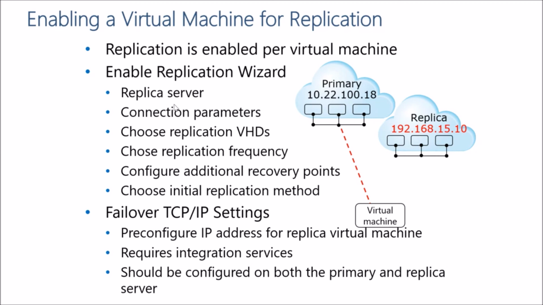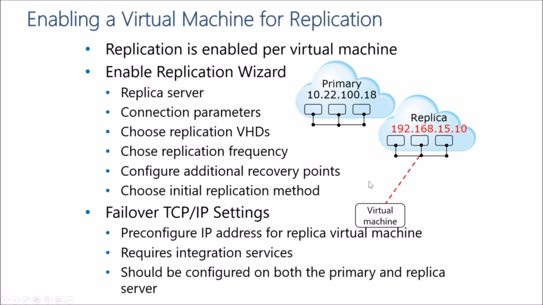So what we can do is pre-configure IP addresses for replica virtual machines. What does that mean? It means once it gets replicated and the replica gets activated, as in brought online, it will start using these other IP addresses because it's on this site. But that requires integration services, and it should be configured on both the primary and secondary or replica servers.